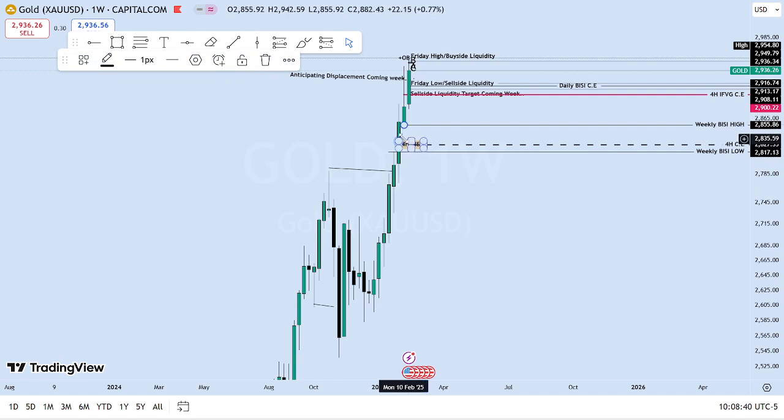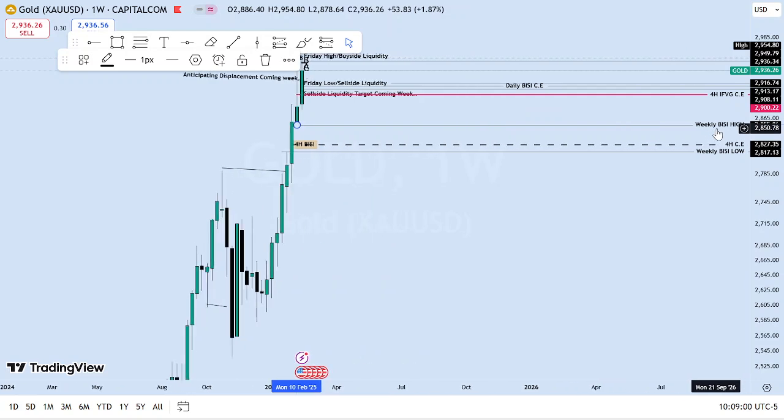You can see there's no other candle closed inside this gap. That's an inefficiency, a fair value gap. That's weekly BC, buy side inefficiency, sell side imbalance, high. Buy side inefficiency, sell side imbalance, low.